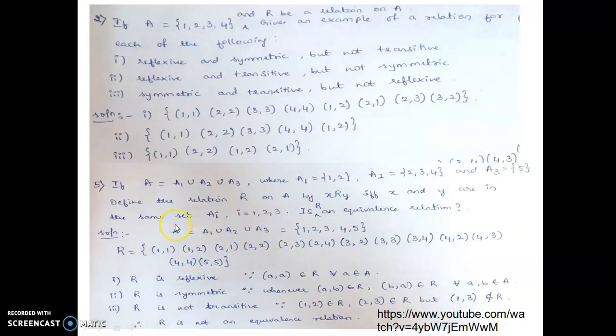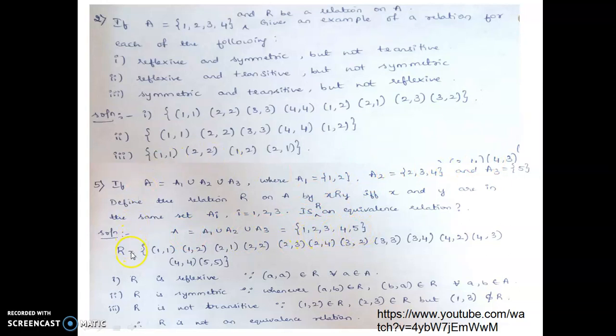So now A is equal to A1 union A2 union A3. So when you have A1 union A2 union A3, you will have to first form the set A. How to form the set A is, write the elements of A1, A2, A3 that will form the set A. And here the set A is 1 2 3 4 5.